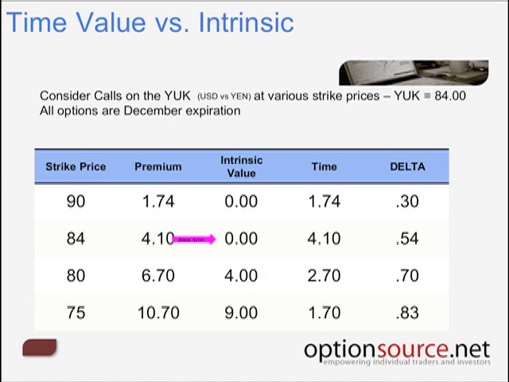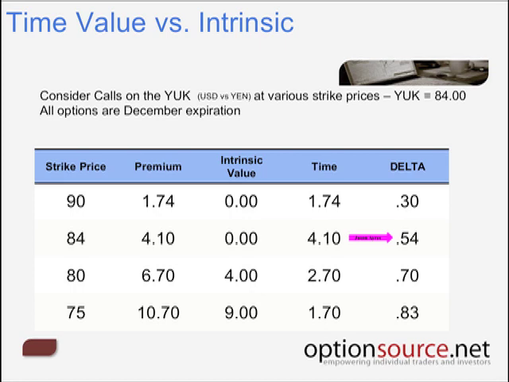Now, if we go to our at-the-money option contract, which is typically our middle-of-the-road option contract, we see that the ask price is, in fact, $4.10. There's still 0 intrinsic value, which means that the premium we're looking at purchasing here is made up entirely of time. This gives us a delta of 0.54.